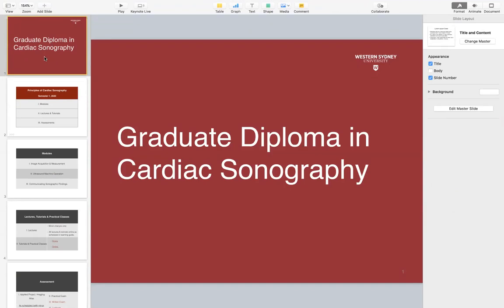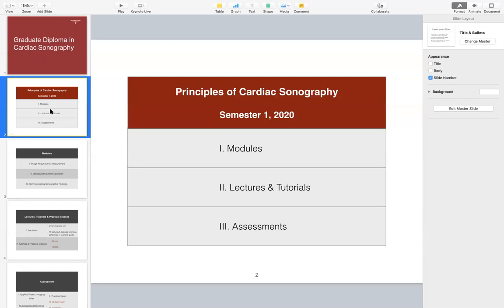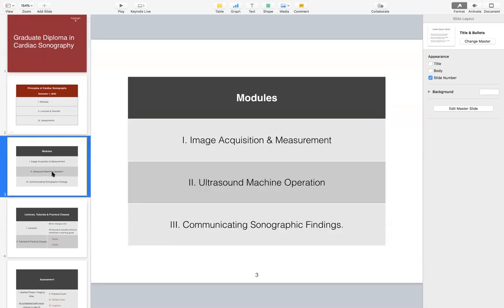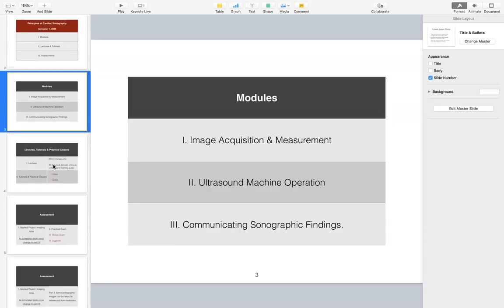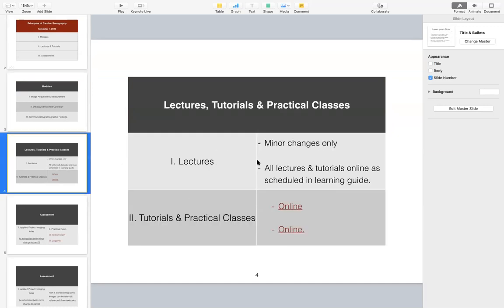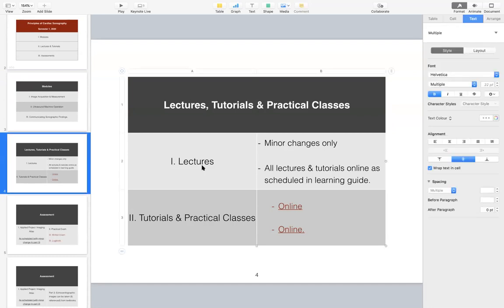These slides were used last time that we had a Zoom meeting, and what I want to do is now highlight some of the changes. So I mentioned last time when we were first coming to terms with the pandemic that some things would change and some things wouldn't. And I indicated to you that the principles of cardiac sonography, which are slides that we're looking at here, would be less effective than others in particular lectures.